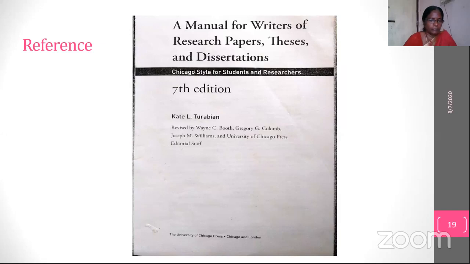So apart from the book, there are a number of works which will help us to understand more about citation, both for the research paper or the dissertation. For example, Cite Right, written by Charles Lipson.